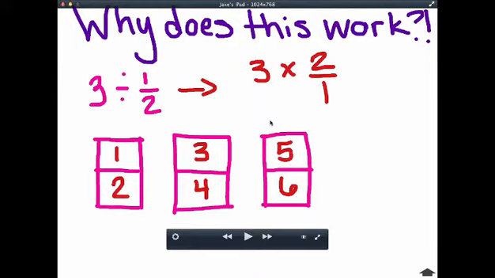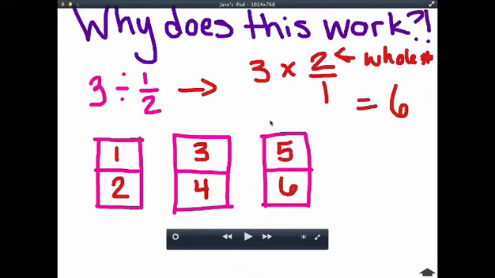Now, anytime I have a number like 2 over 1 in the denominator's place, I know that this number right here, the 2, is going to be a whole number now. So what I'm really saying is that this is 3 times 2, which is going to equal 6. And that 6 matches the picture that we just drew using the containers.